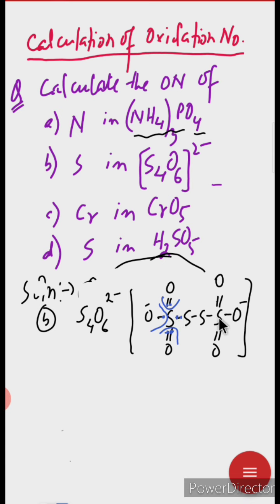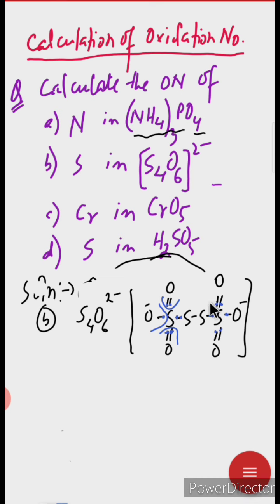Similarly, in this case also, from the 6 valence electrons, only 5 electrons will be pulled away by the 3 oxygen atoms, and this electron will not be pulled by this sulfur. So from this sulfur, how many electrons are pulled away by oxygen atoms? 5.